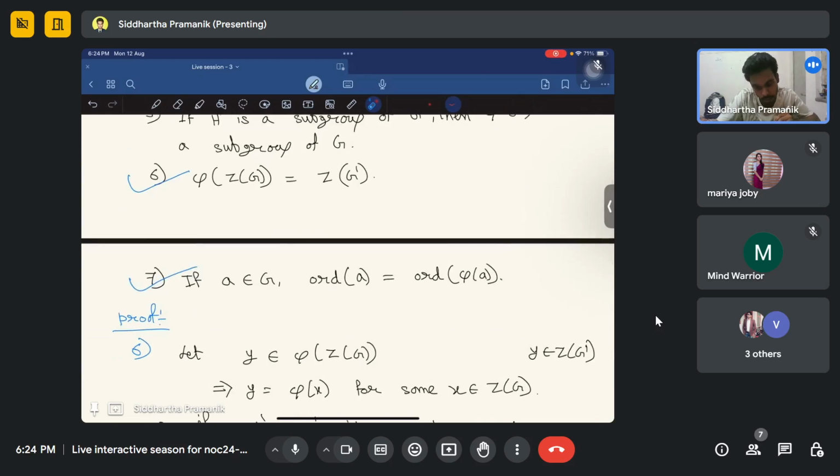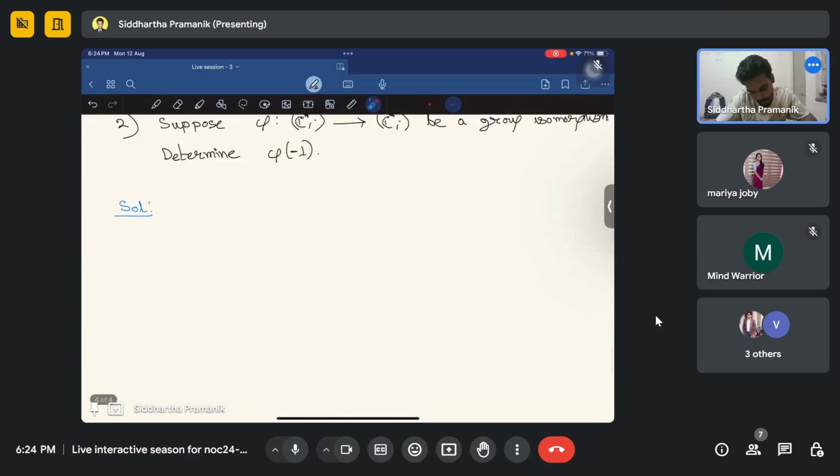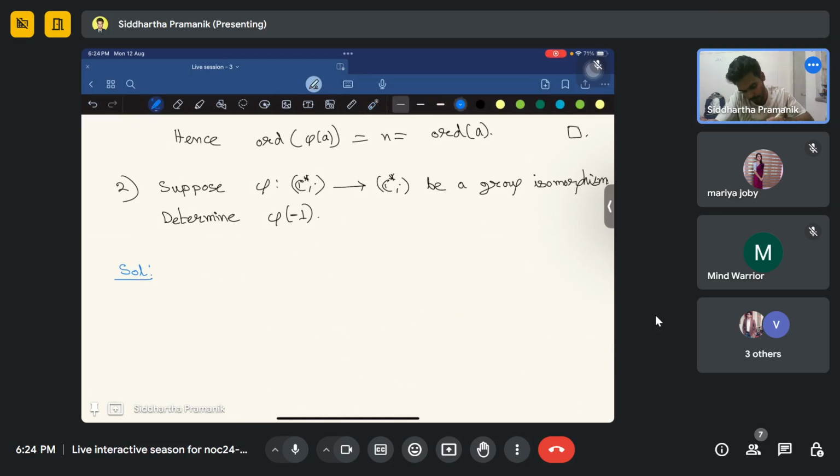Let's look at this last property: the order of A is the same as the order of the image of A. So what are the elements in C star which have order 2?